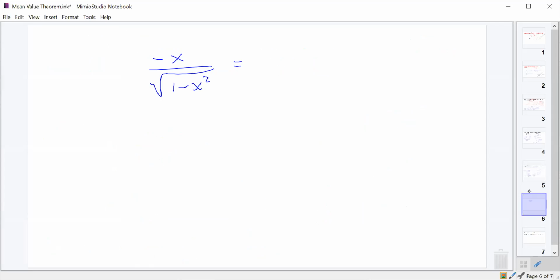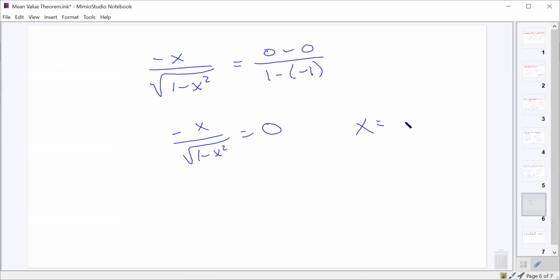It's the two y values, right? 0 minus 0 over 1 minus negative 1. So we want to know, when does negative x over root 1 minus x squared equal 0? And that would be when x equals 0. 0.